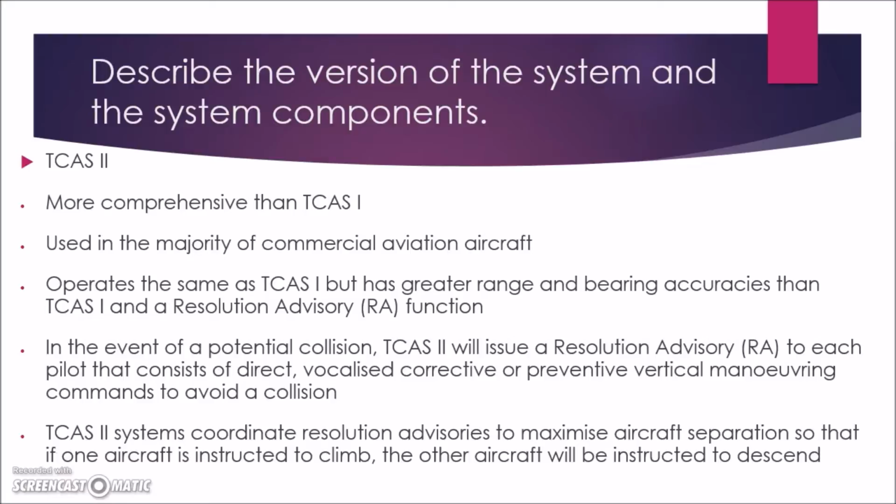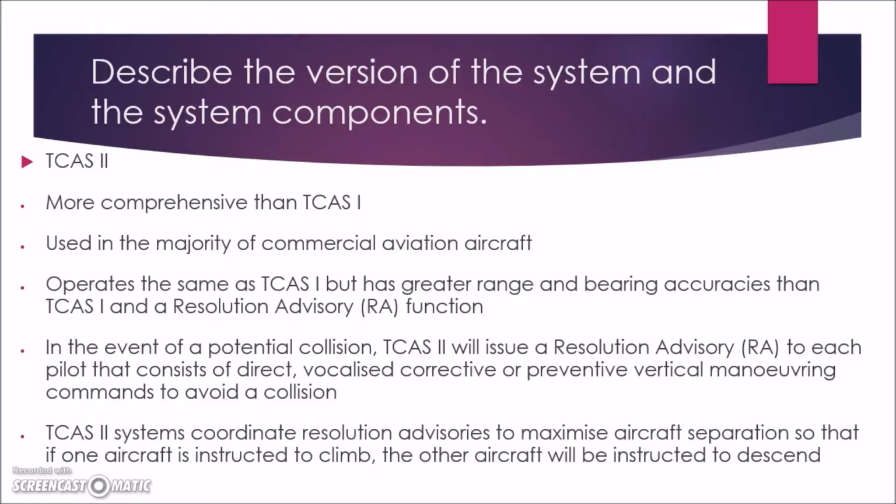Describe the version of the system and the system components. TCAS 2 is more comprehensive than TCAS 1. It is used in the majority of commercial aircraft. It operates the same as TCAS 1, but has greater range and bearing accuracy than TCAS 1 and a Resolution Advisory (RA) function.